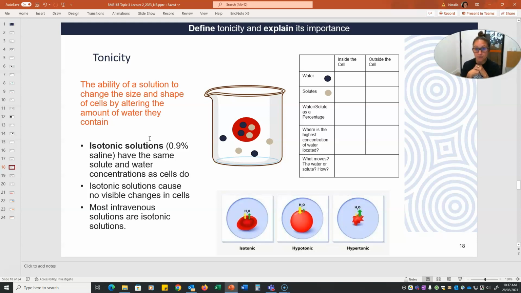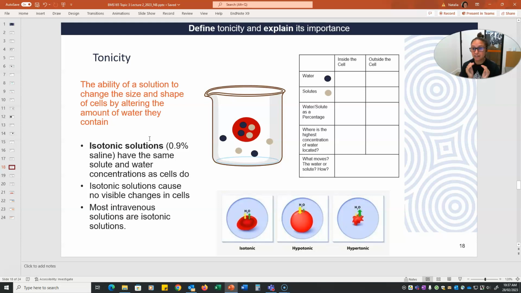I can make a cell blow up just by the solution around it. I know, it's crazy. This ability of changing the shape of cells just by what's around it is called tonicity.